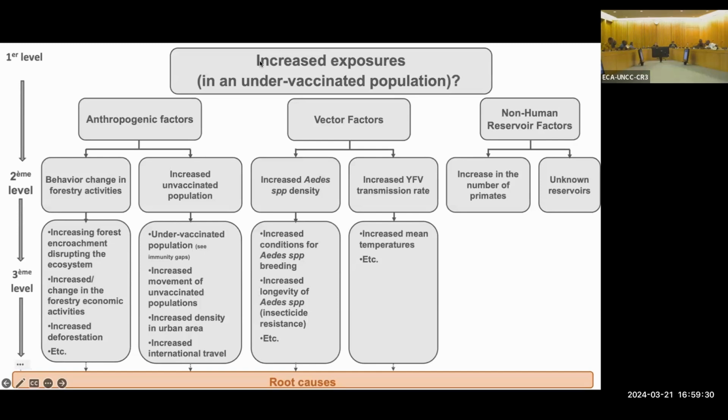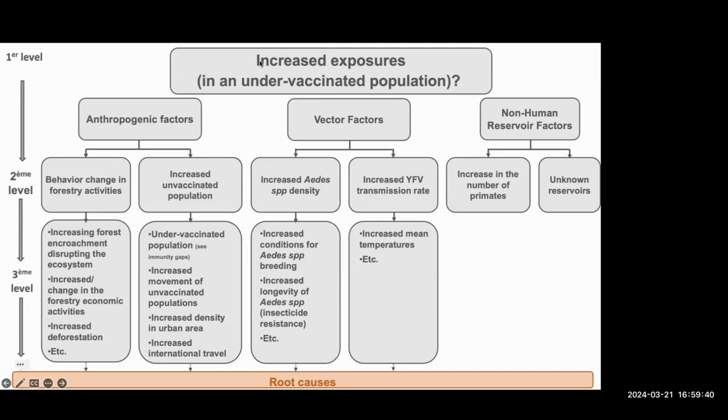The second level would be asked systematically for all outbreaks that are assessed. But not, for instance, if you have an outbreak in a city, you will not ask for the increased number of primates, because we look just at the area. When this toolkit was asked for, it was to look at just one specific area where the outbreak or the case was.